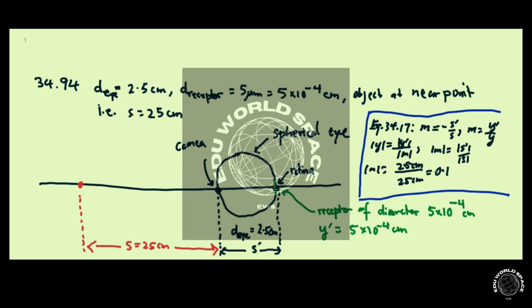0.1. Okay, and now to find y, y is equal to y prime, which is 5 times 10 to the minus 4 centimeters, divided by 0.1, which I could write as 10 to the minus 1.